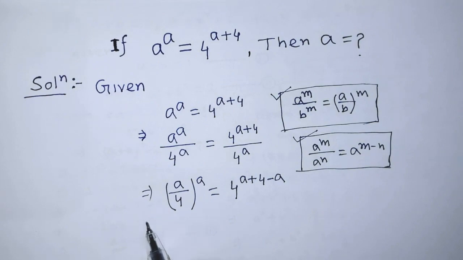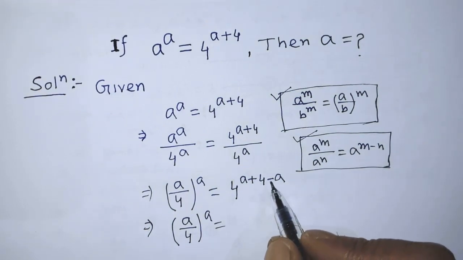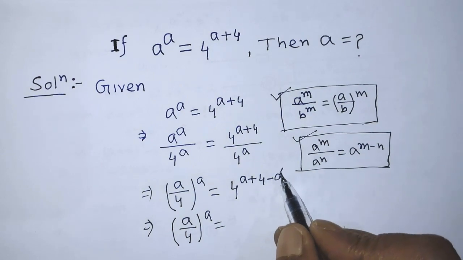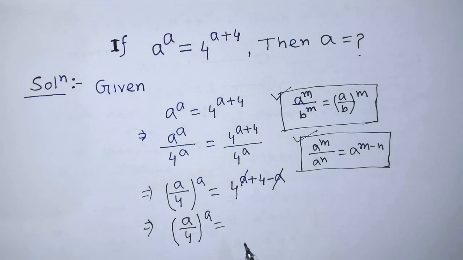So students, after that we can write a over 4 whole to the power a is equal to, on the right hand side, in the place of power we can cancel minus a and plus a. So on the right hand side we can write 4 to the power 4.